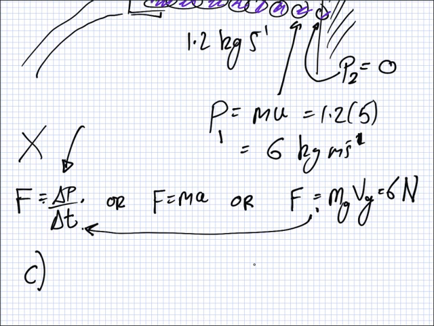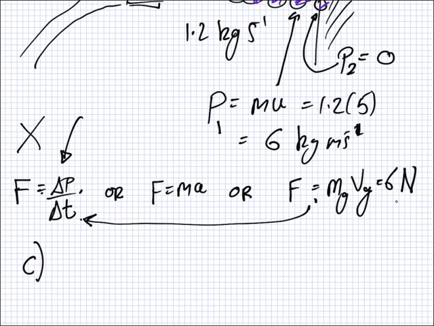Yes, okay. So let's have a look here. What is the force if the water is brought to rest? 6 newtons. And now the question is, what if the water is not brought to rest? How will this affect the force? Newton's third law. Let's have a look at 2 situations.